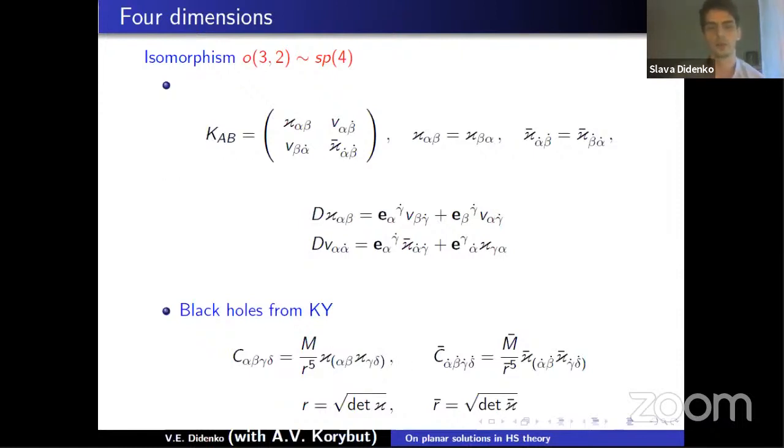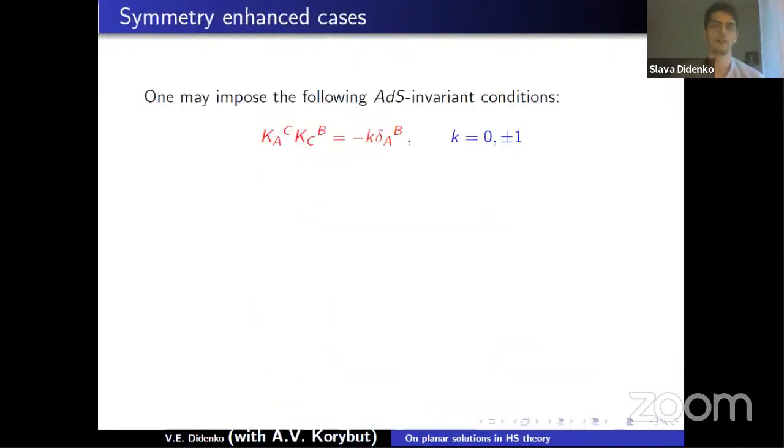Particularly, you can impose some extra condition, an AdS invariant condition. For example, of that kind, that k squared is equal, up to a coefficient, to 1 or 0 times the unit matrix. And that condition is invariant with respect to the adjoint action of the AdS group.